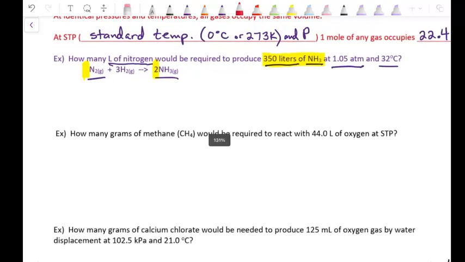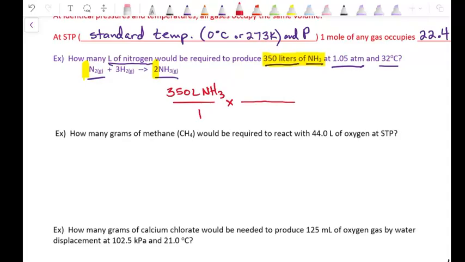Let me show you what I mean. So I've got 350 liters of NH3. Now, normally we might think, okay, I can take the pressure and the temperature and use the ideal gas law to convert this into moles and then do some stoichiometry to get to my amount of nitrogen. But again, since they're both gases, we can use the coefficients in the balanced equation to go straight from liters of NH3 to liters of nitrogen, right?